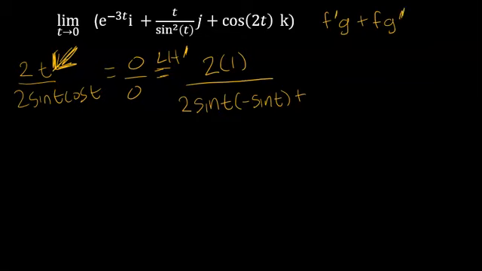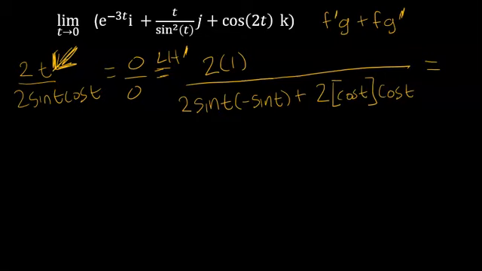Plus, here's the formula that I'm using. So 2 sine t is f, cosine t is g, plus 2, let's do cosine t, cosine again. Okay, it's getting elaborate. Does that look right?